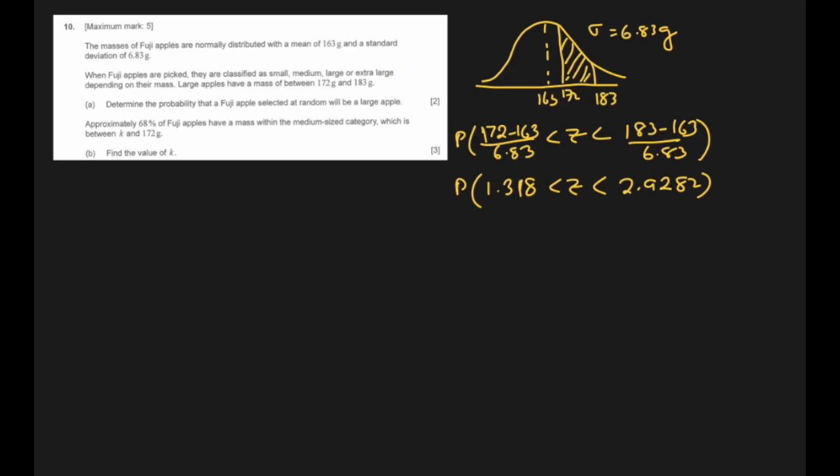So our calculator gives us the probability, but normally what we do, we find the probability below this, with the help of the p-value on your calculator, and we get the probability below this. So let me write here, probability of z below 2.9282. Let's find the bigger one first. I get it from my calculator, 0.9983.